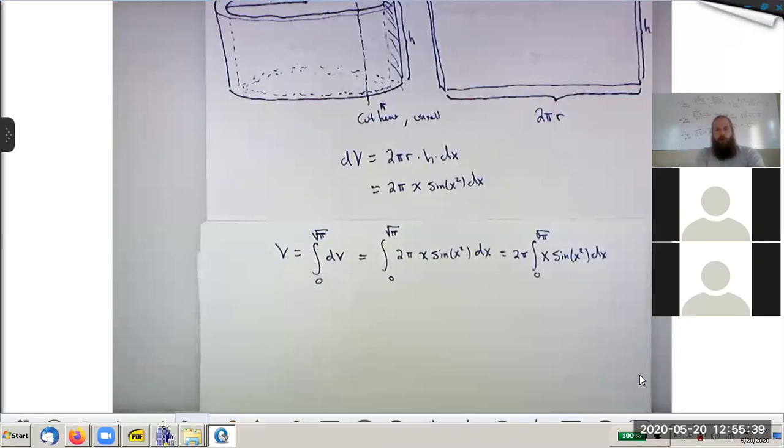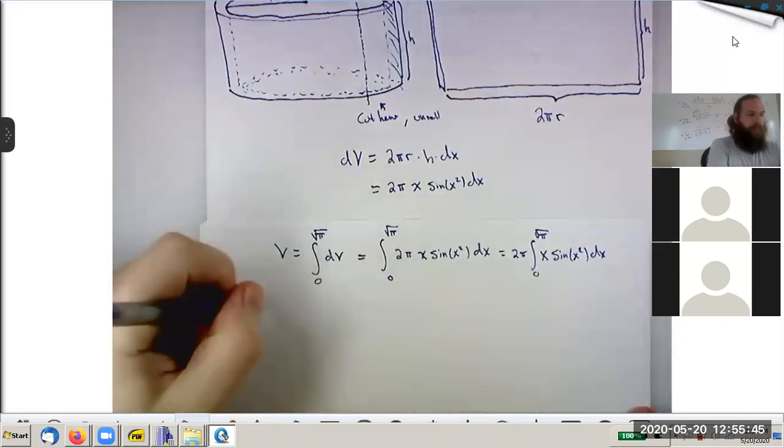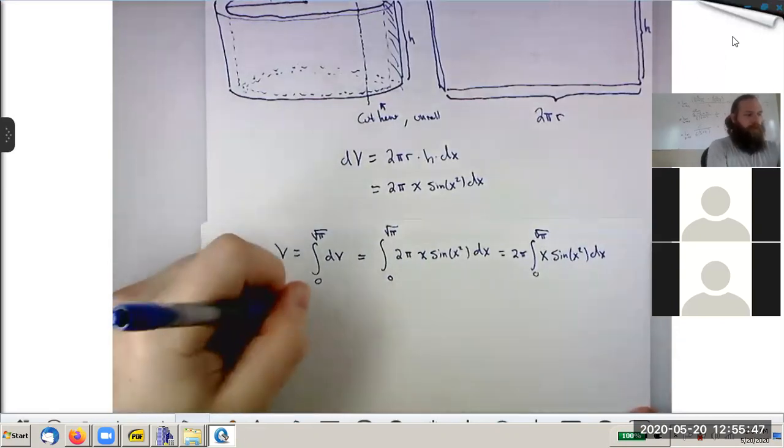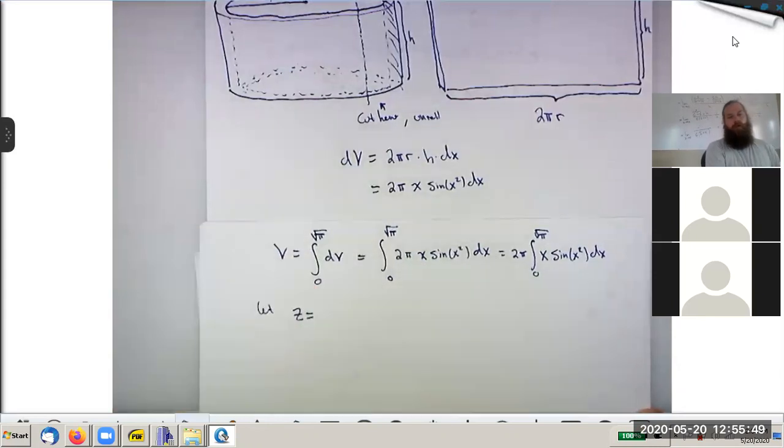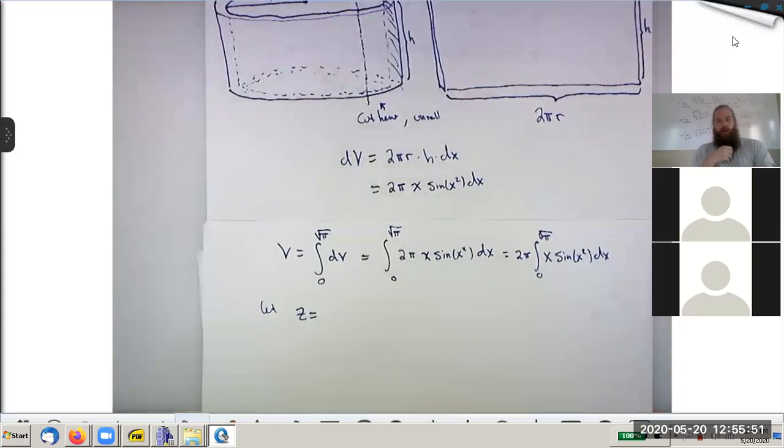Yeah, we'll use a little u sub there, right? What am I going to sub for? Good, yeah, x squared, because that's the inside of my sine function.